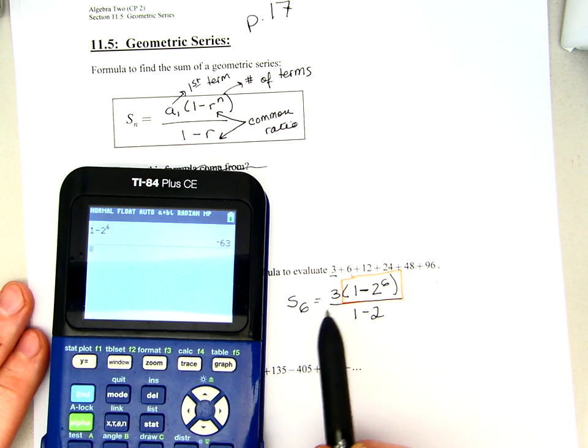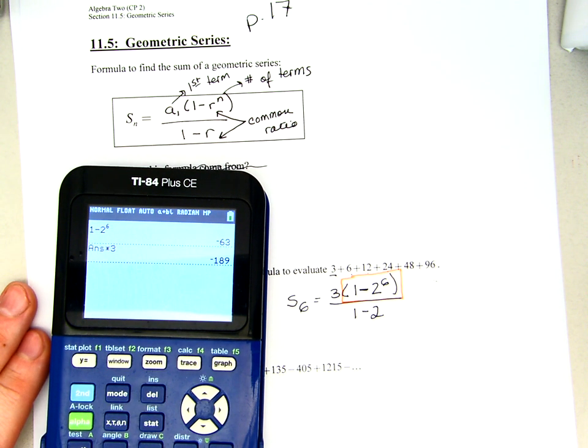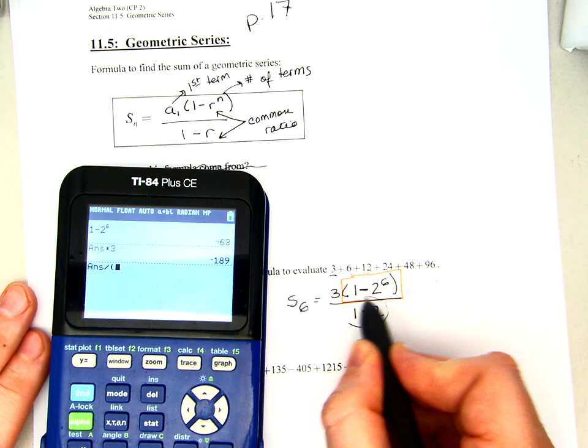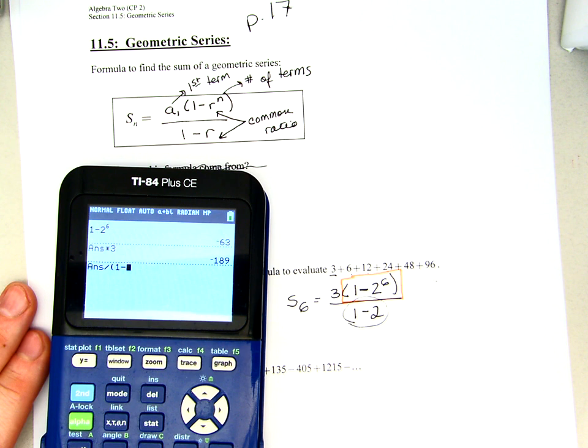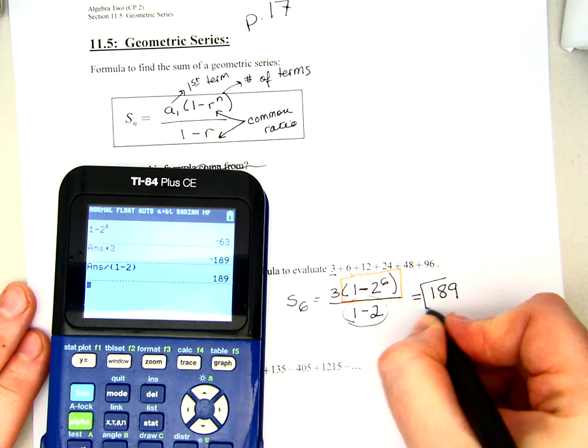I'm next going to multiply that by 3, and by now I've taken care of the entire numerator. Then I'm going to divide by, in parentheses, and the parentheses here are really important, that denominator, 1 minus 2. I'm going to get an answer of 189.